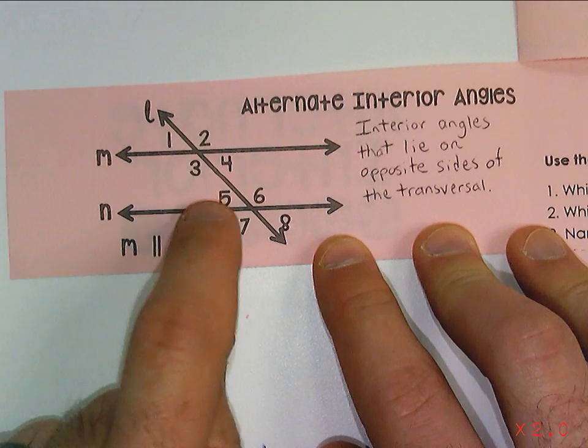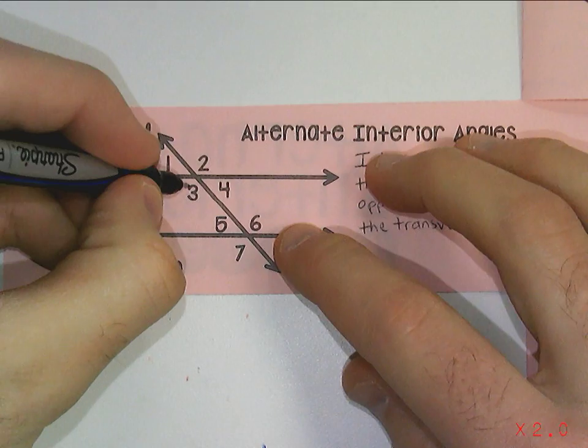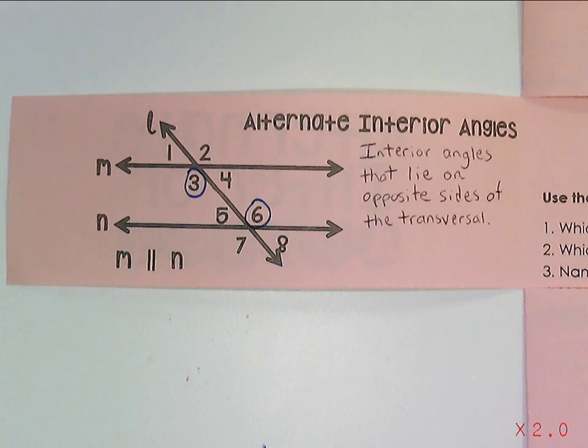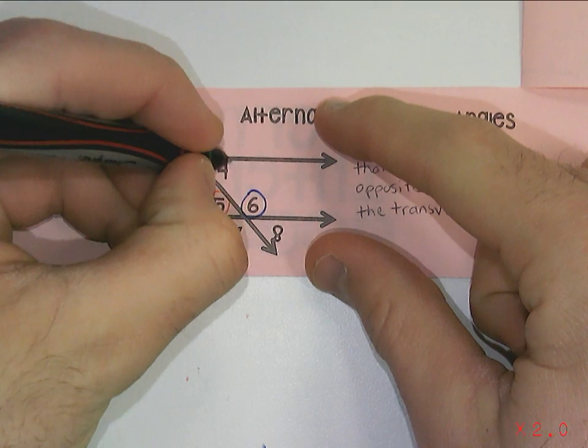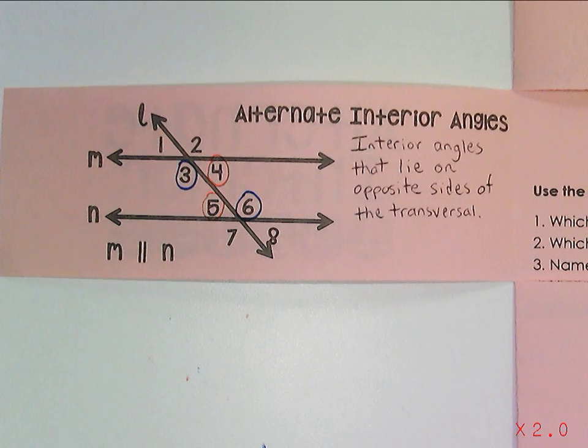So 3, 4, 5, and 6 are our interior angles. And since they're alternate, that means they're going to be on opposite sides. So in this case, angle 3 and angle 6 would be alternate interior angles, as well as angle 5 and angle 4. Those would be our alternate interior angles.